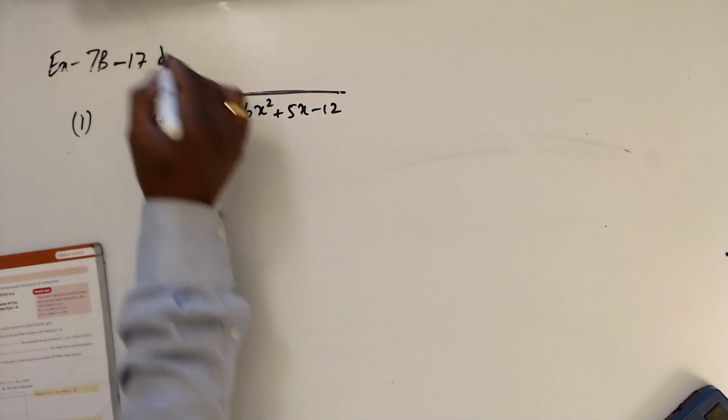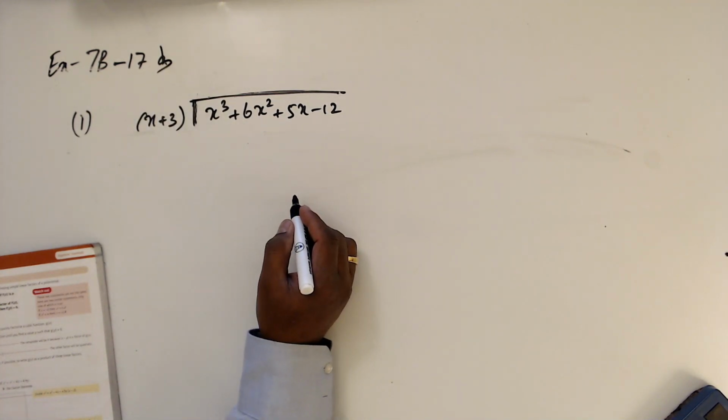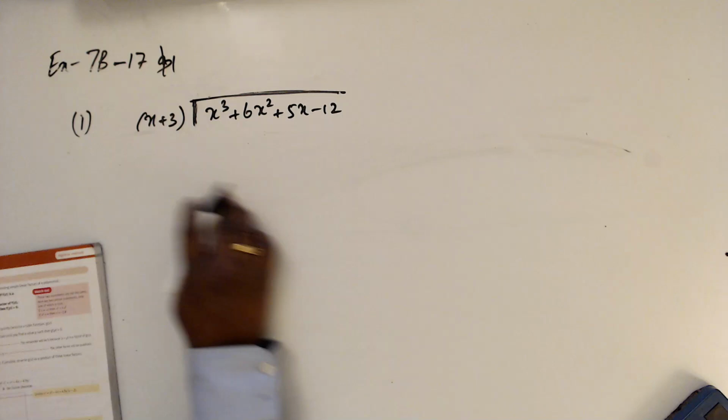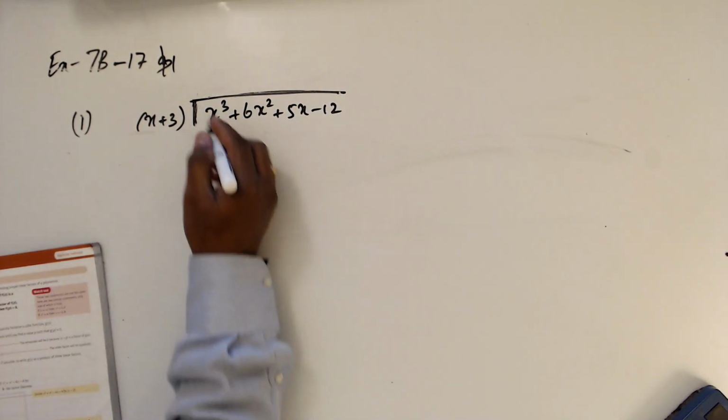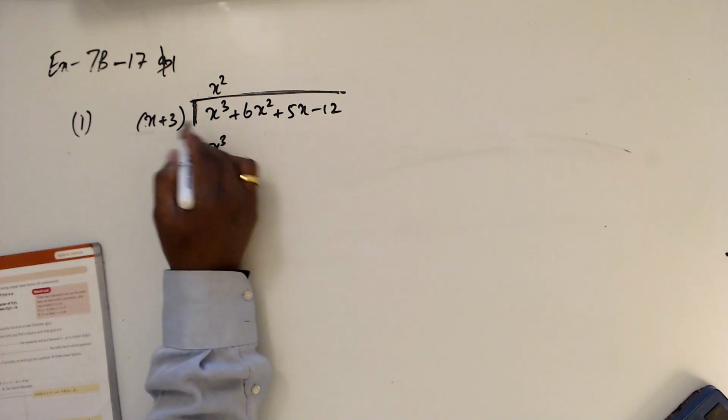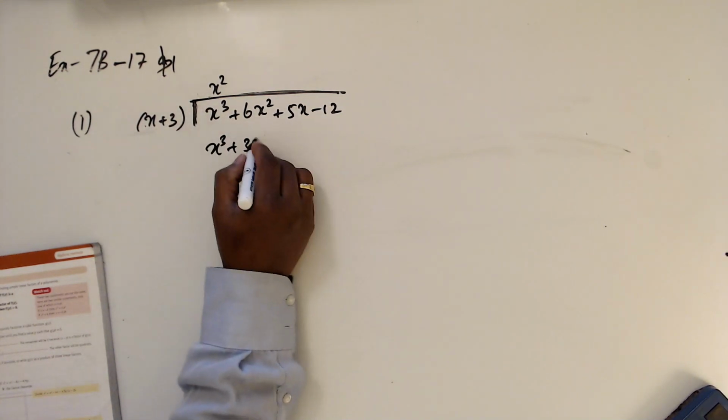Part B. So I need to divide this one by x plus 3. So this is going to be x square times, x cube, and this is 3x square.